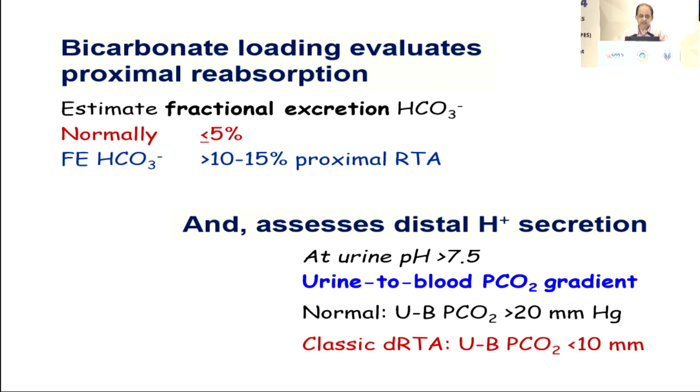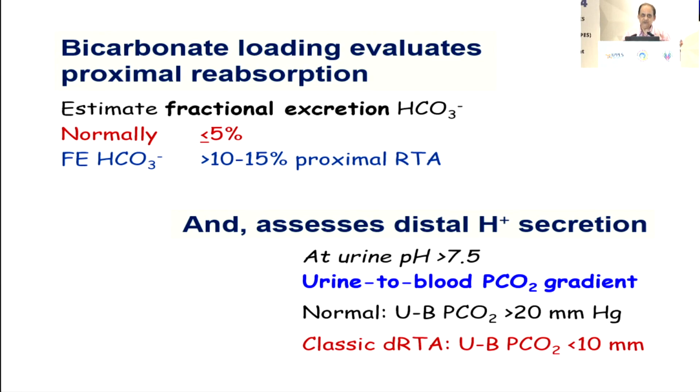The second thing the bicarb loading test does is that it also simultaneously assesses distal hydrogen ion secretion. When you're in a bicarb loaded state, remember the first picture that we discussed, you're getting so much bicarb through the glomerular filter. And if you've got an active hydrogen ATPase system in the distal tubule, you will end up forming H2CO3 in the tubular lumen.